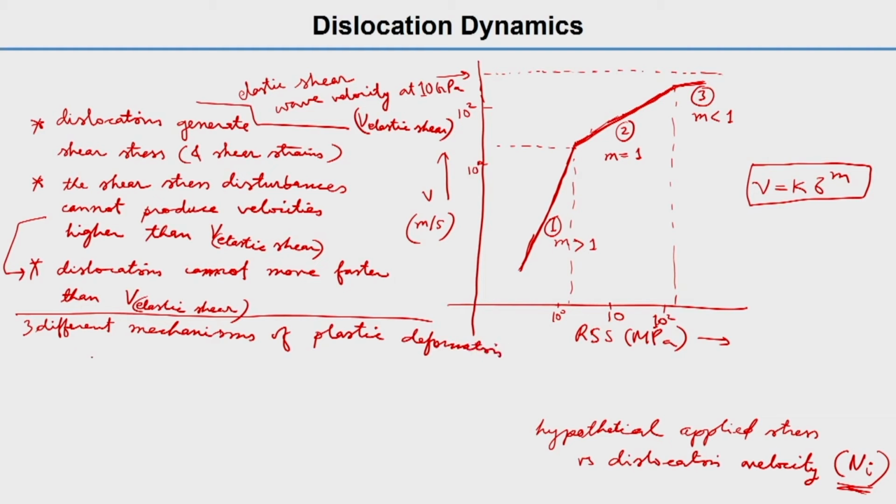Region 1, that means this region, gives us thermally activated dislocation motion.